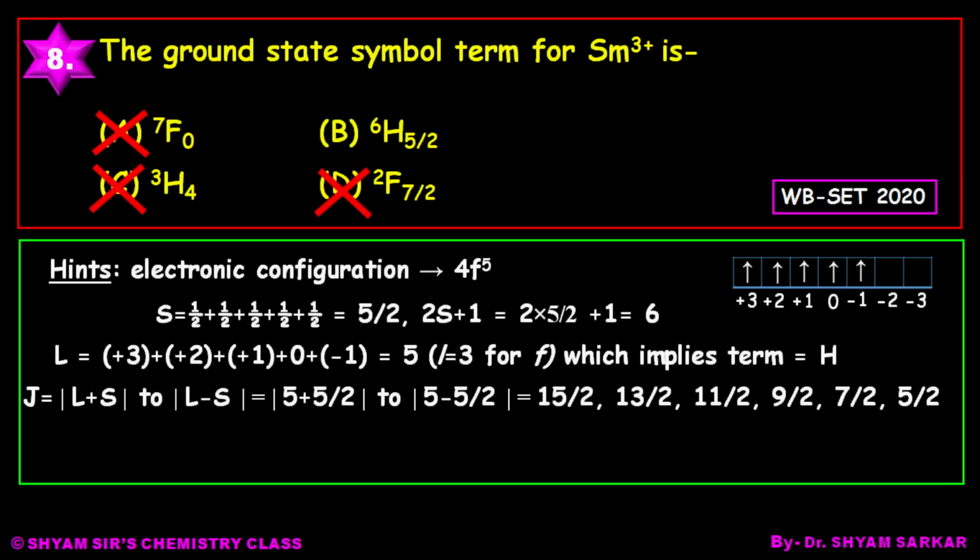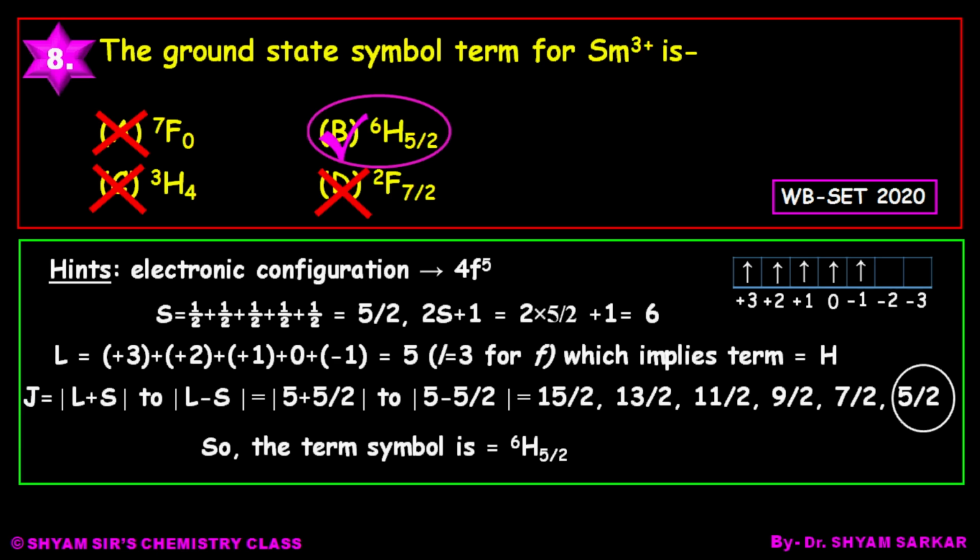Now which J value should we consider? f5 is less than half filled, so the minimum J value should be considered. So the term symbol will be 6H5/2 and option B is the correct answer. Okay, next question.